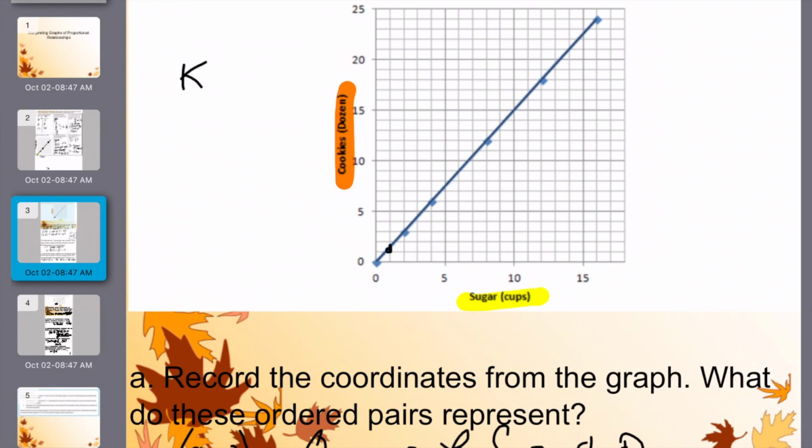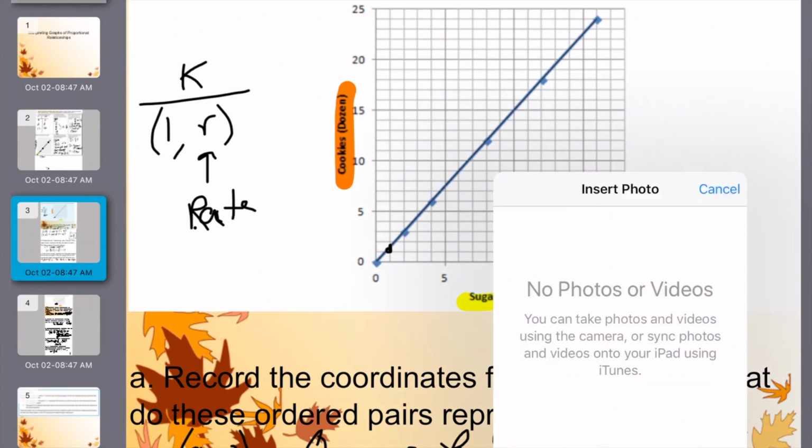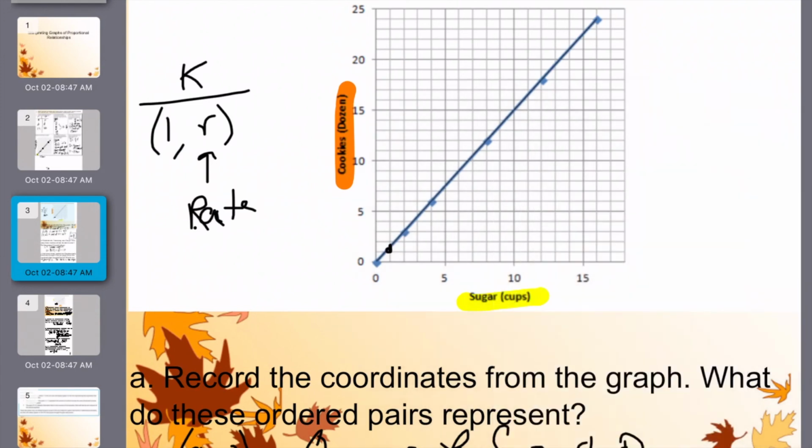So k will always show up at whatever our x value is for 1. r is the value that they like to use, our rate. So I know that from my previous problem, that dot was at the point 1, 1.5. So I knew that my rate was 1.5.